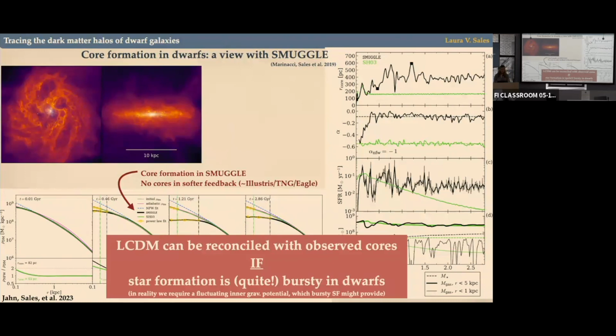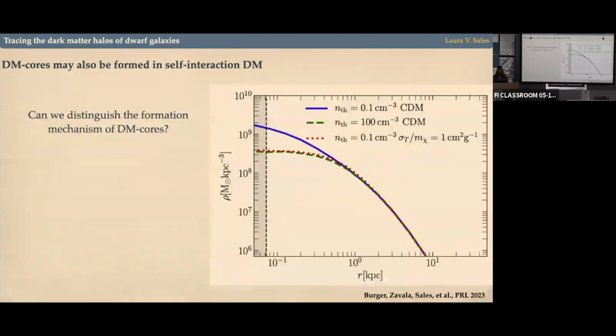And the question is, this is all nice. We model the multi-phase status of the gas. Is this realistic? Or do we need actually a different way of dark matter to create these cores? So how do we convince ourselves that CDM is still okay, provided this burstiness?